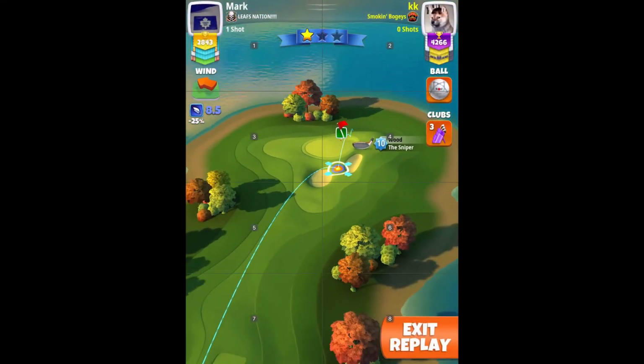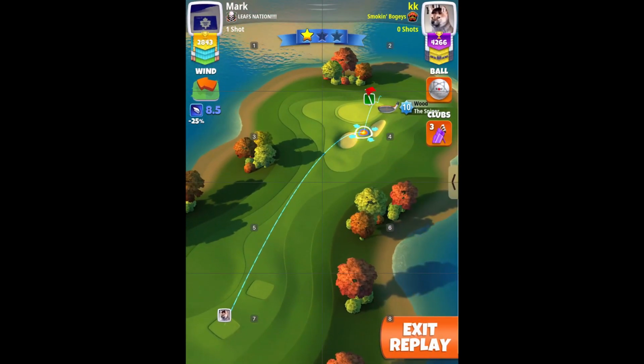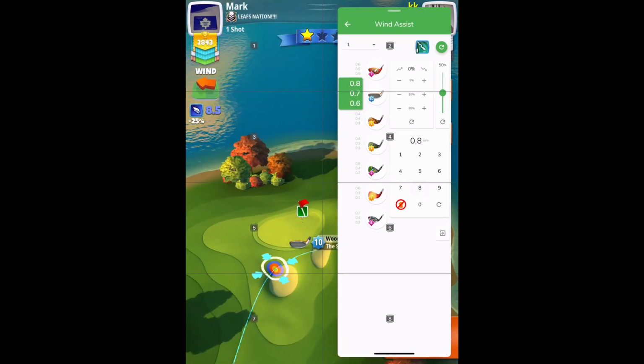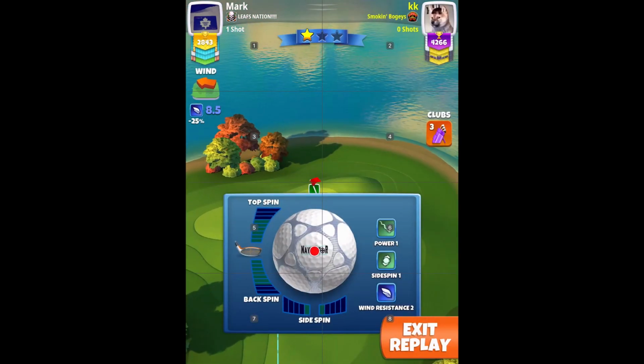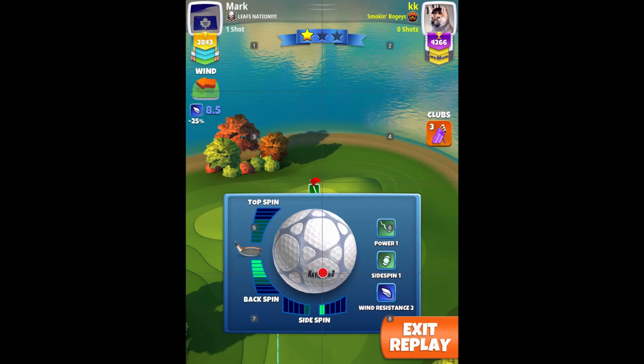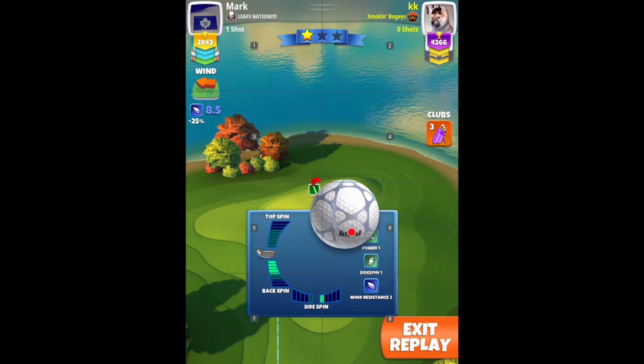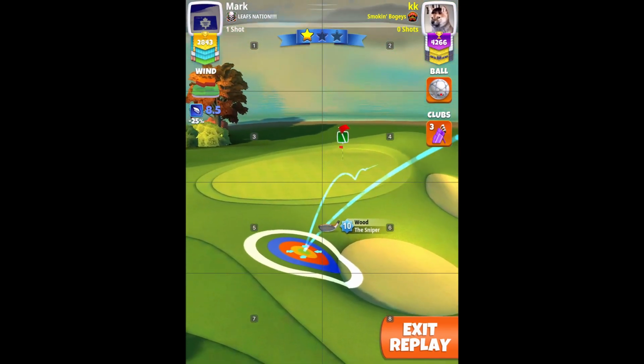For Gokasho 5, I wanted to go ahead and show this straight right to left crosswind. And I'm setting up with 1 right spin and about 4.5 back spin.